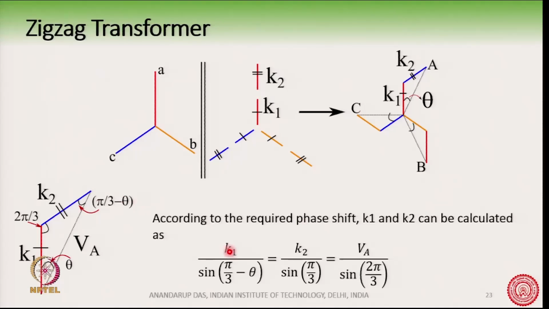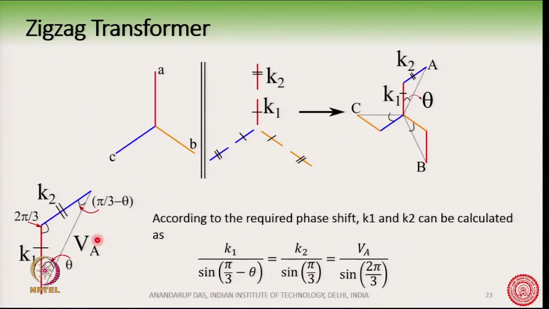This is the triangle, this angle is theta, this angle is 2 pi by 3 or 120 degrees, and then this is 60 degrees minus theta. And these sides are K1, K2, and this side we define as VA, the required phase voltage magnitude.